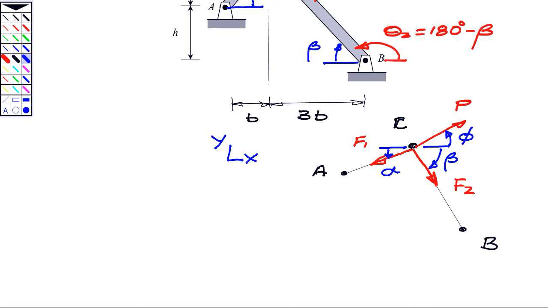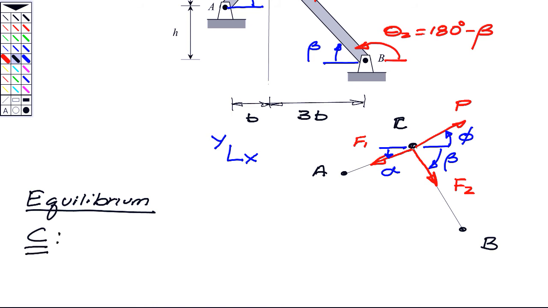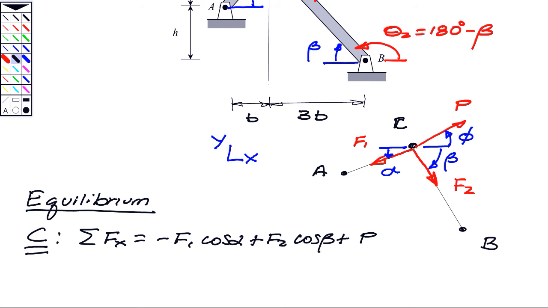So from this one FBD, this is of joint C, we're going to write down our two equilibrium equations, summation of forces in X and Y. So this is again for joint C. Summing forces in X. What I have here is minus F1 cosine alpha plus F2 cosine beta plus our applied force P. That sum is 0 for equilibrium.